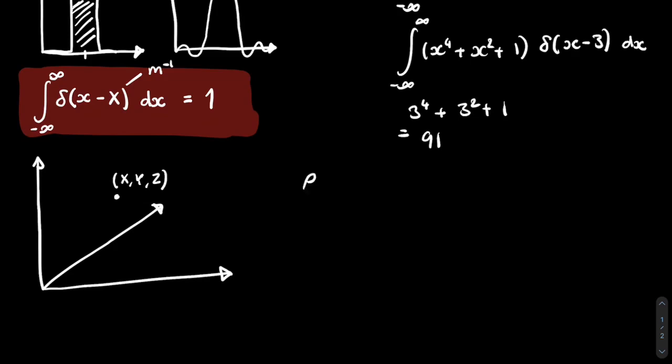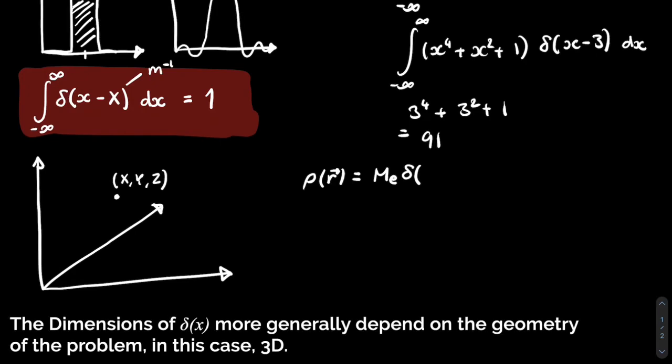So rho is the mass density, which is a function of position, and it's basically going to be the mass of the electron multiplied by this Dirac function, which is going to have units of meters to the minus 3, and it's going to be localized at this point right here.